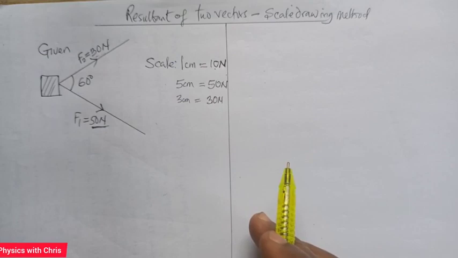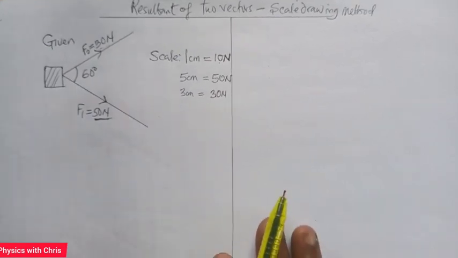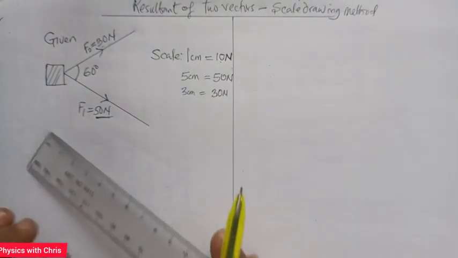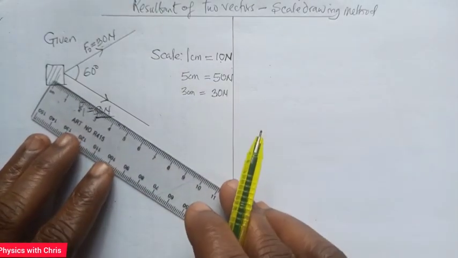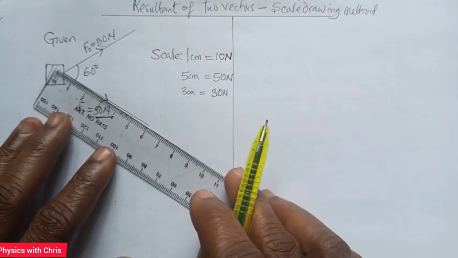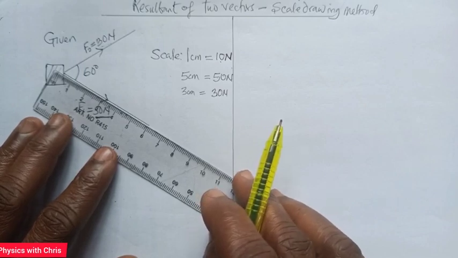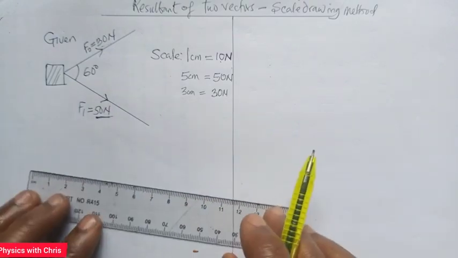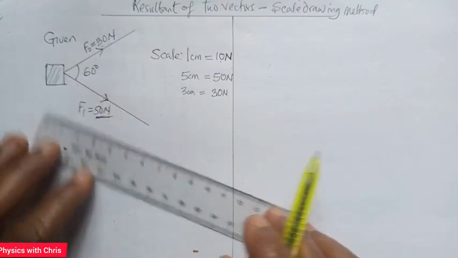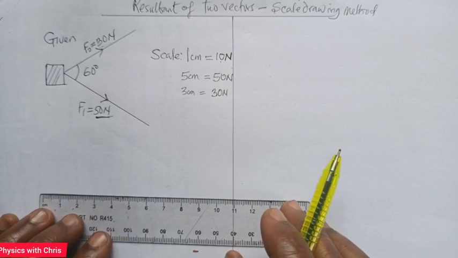Having done that, the next thing is to start somewhere, just the way this vector is. Or if I wish, I can make this vector F1 horizontal. It mustn't always be in this direction. You know what you are doing.